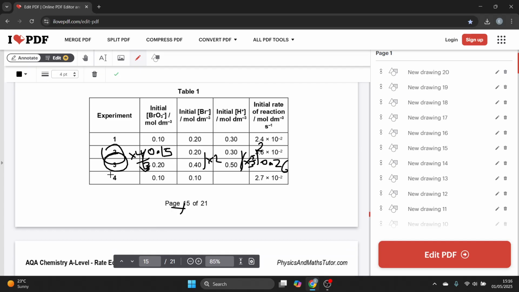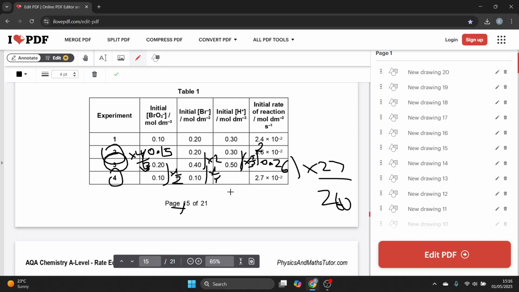And then experiments 3 and 4, that's times by half, that's times by 1 over 4, and this final one, 2.7 times by 10 to the power minus 2 divided by 0.26 is 27 over 260. So I got a half times by a quarter, which is obviously an eighth.